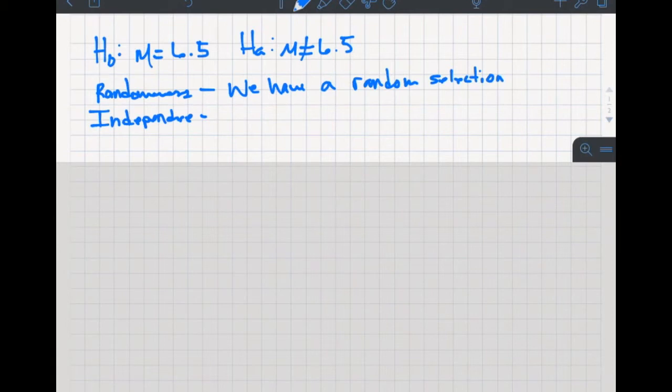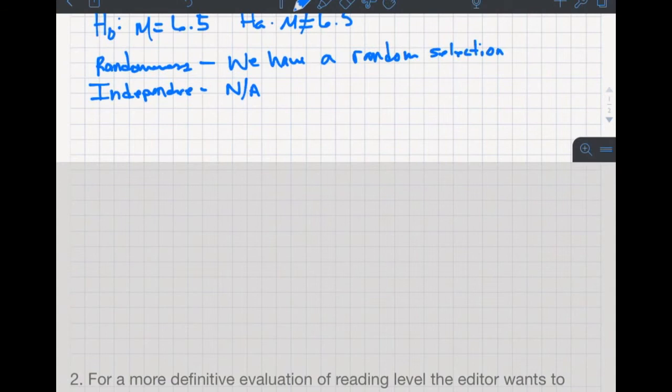So if you left off independence in this particular example, you wouldn't be docked any points because it's intuitive that this question doesn't really apply here. It's awkward to even consider. What do you mean independent words from each other? So we're going to leave that one out. That doesn't normally happen, but in this case it would. And if you said the word length of one word doesn't depend on the length of another word, that would be perfectly fine.